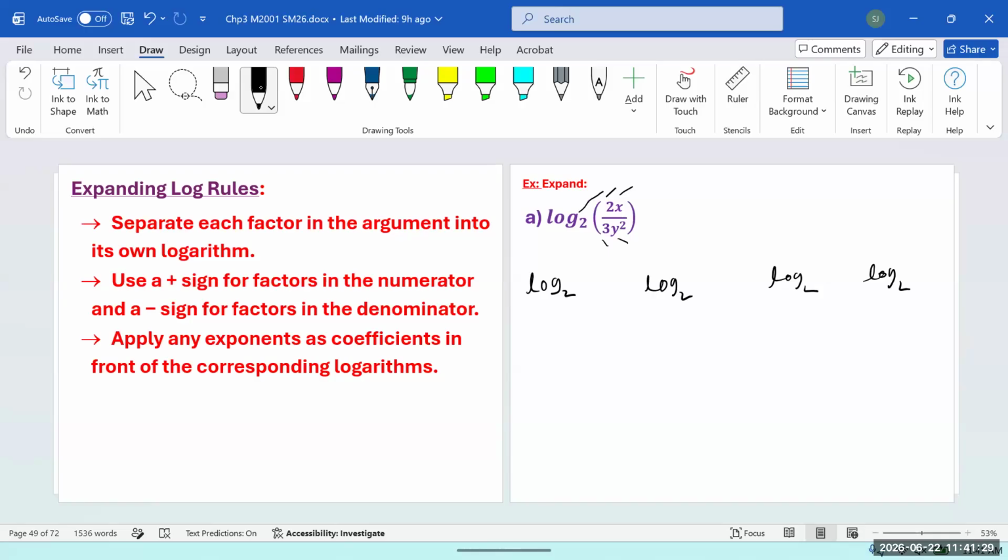Now the numerator we have 2 and x, so we are going to add them because they're on the numerator. On the denominator, we have 3 and y squared, so we are going to subtract them.